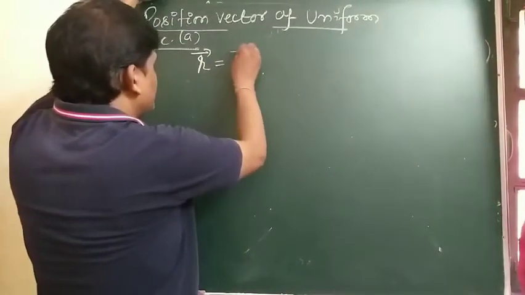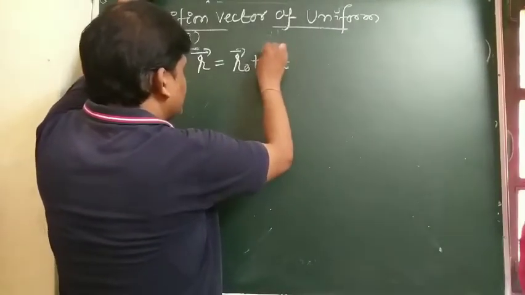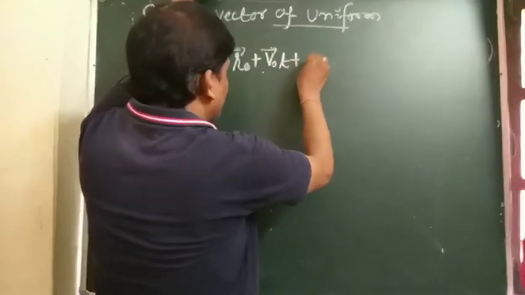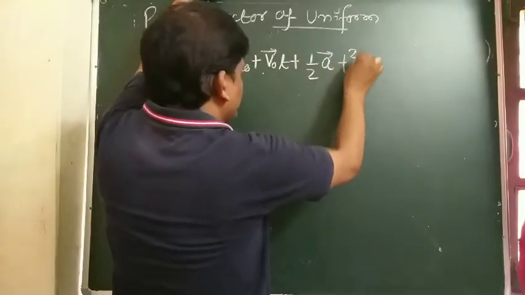R equal to R0 plus V0t plus half AT square.